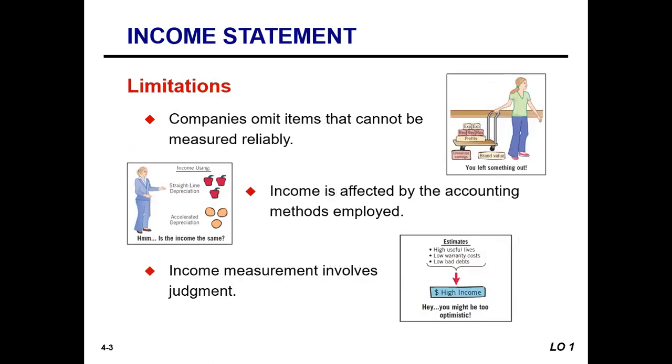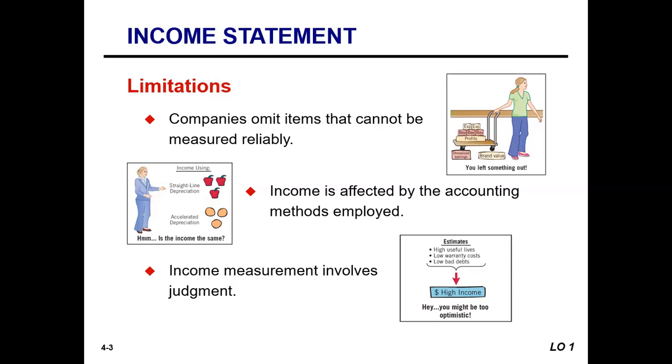Some of the limitations, however, and we've talked about this before, is that when we're measuring net income, we're looking at strictly the past, so we're not necessarily looking toward the future, right? Companies can leave out items that cannot necessarily be measured reliably.